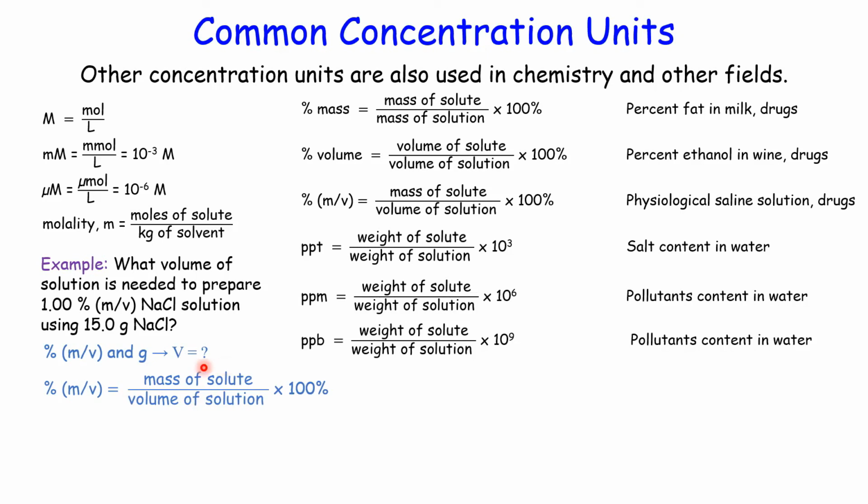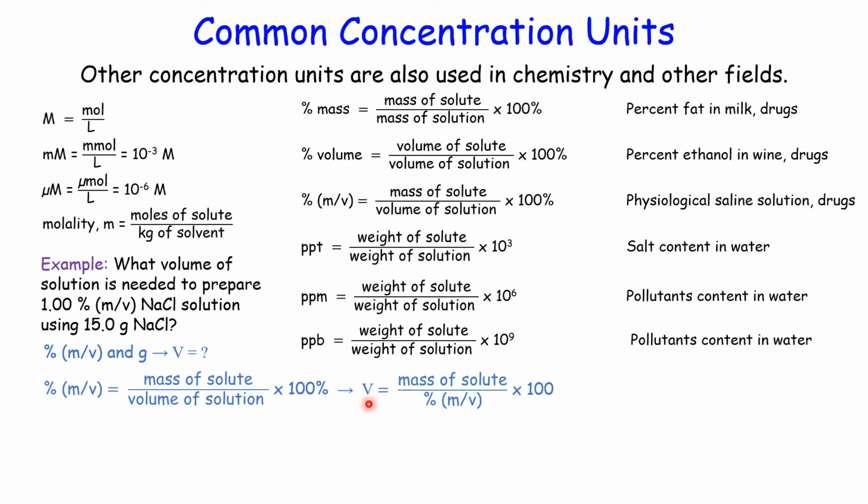The volume of solution, so the V can be calculated using the mass of solute, then divided by the percent of M over V. So basically, from this equation, this one is known, this one is known. We just need to switch the positions of these two.